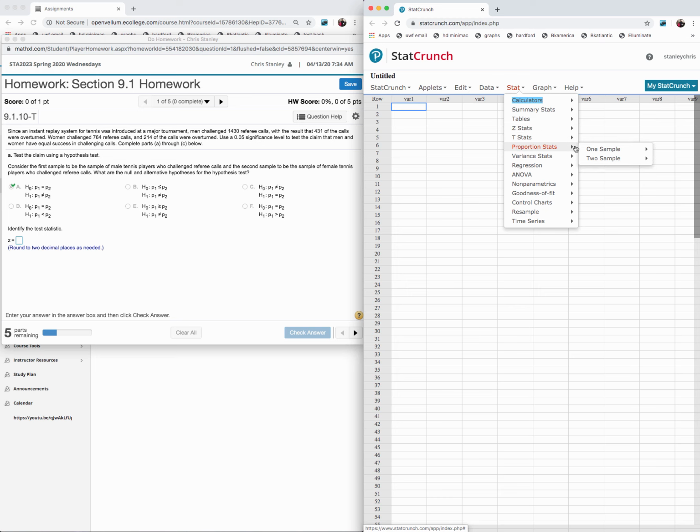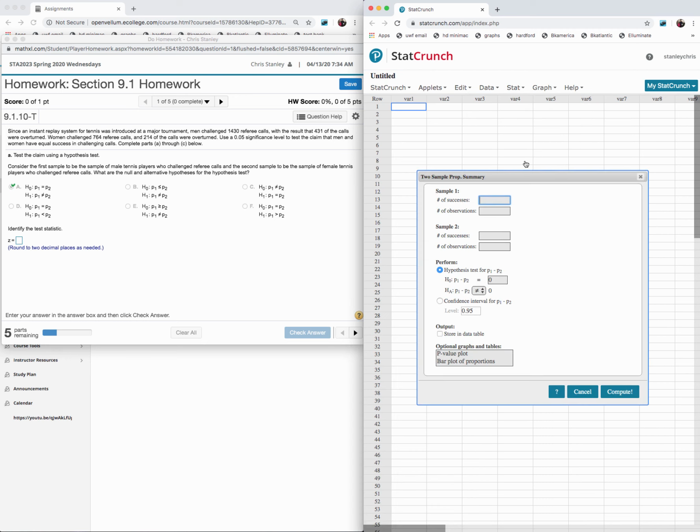There's 2 samples because we have our data from the guys and the girls. Okay, we don't have the data, we have a summary. So let's go ahead and put this in, the number of successes. Okay, so 431 were overturned out of, that was men.